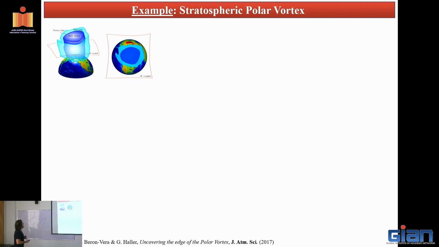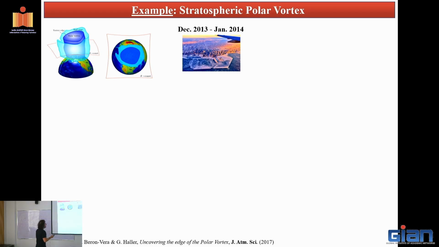Okay, so what we tried to do basically is address this problem. I think in December 2013 I started my PhD. And basically, there was this exceptional cold that was all over the news, and we were asking: was this cold generated by air funneled from higher altitude to lower altitude?